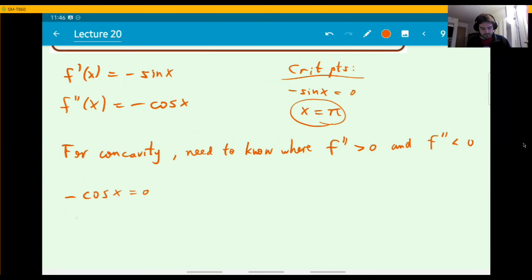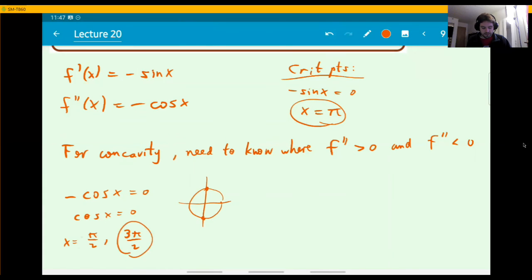So minus cosine equals 0. In other words, cosine equals 0. Where does that happen? Think about your unit circle. Cosine is 0 at pi over 2 and 3 pi over 2. So in between these numbers, pi over 2 and 3 pi over 2, the function f double prime is changing sign. Meanwhile, around the number pi, the function f prime is changing sign.